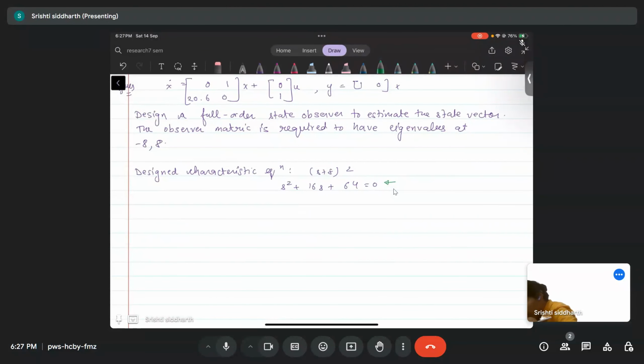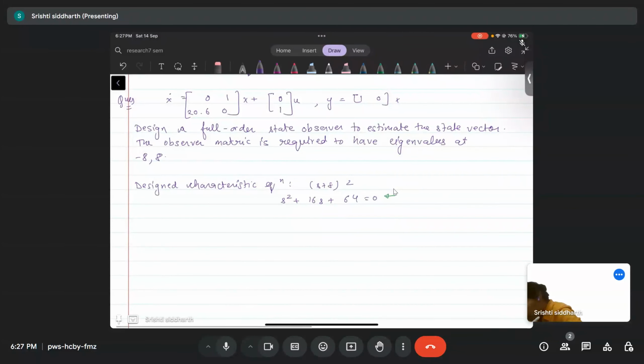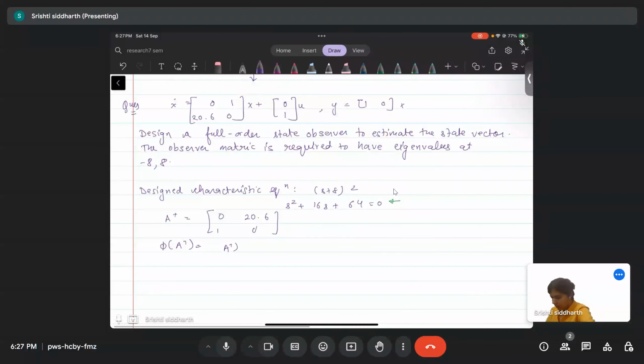Then we have A transpose equals 0, 1, 20.6 and 0. And phi of A transpose is A transpose squared plus alpha 1 times A transpose plus alpha 2 times the identity matrix of size 2. We already know what these are: this is 16, this is 64.